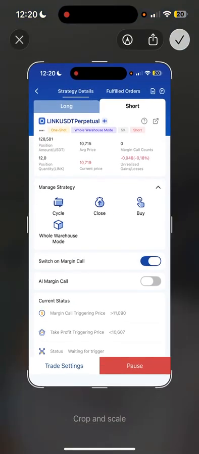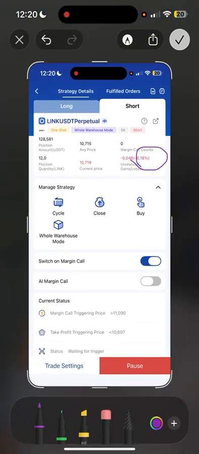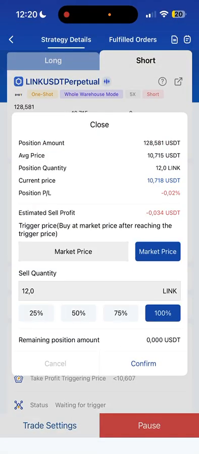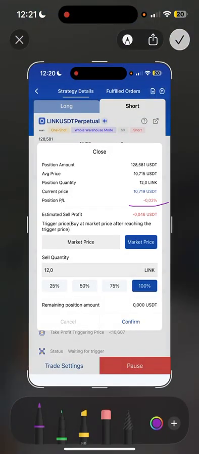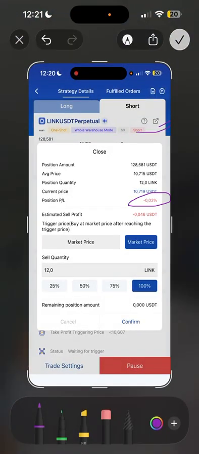The percentage you see here is with the leverage, but when you tap on close, it's without the leverage. Do you get it? This percentage you see here is always different from the one you see on the main page. Why? Because the one on the main page is with leverage, but this is without leverage.